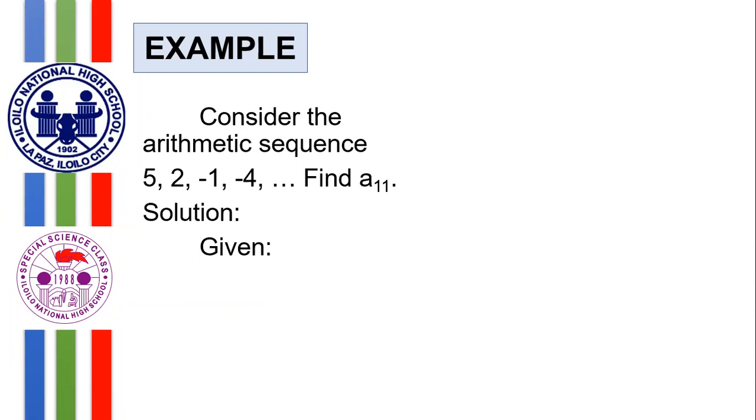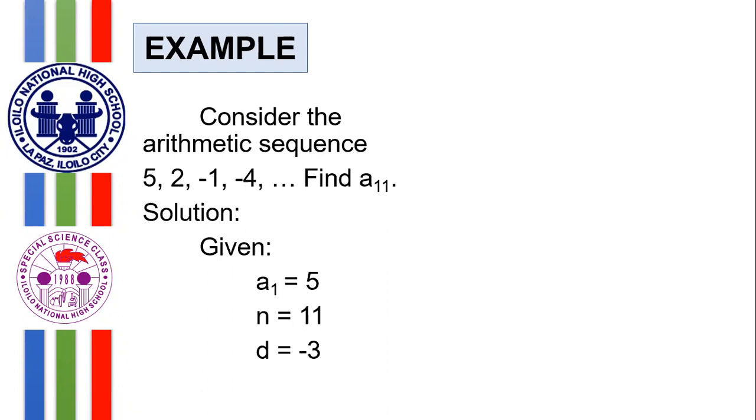For this one, you could see that the first number that appears in the sequence is 5. So a sub 1 is 5. You could also see that the sequence is decreasing, right? So I believe you would agree with me that your n is 11 because we're looking for a sub 11.